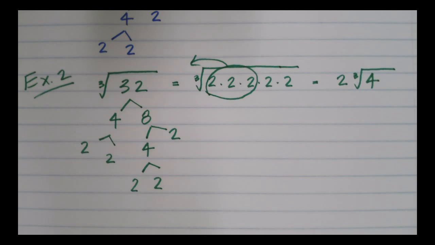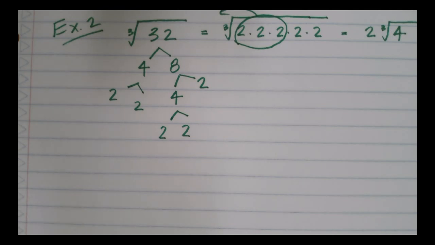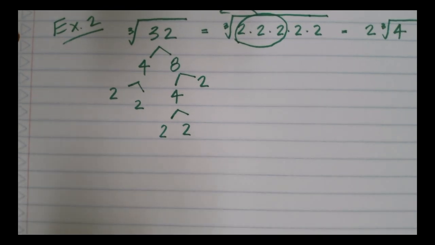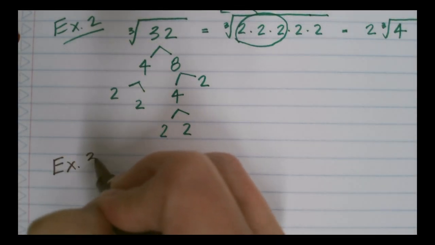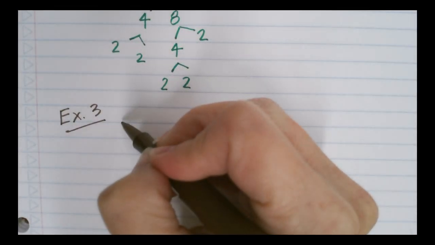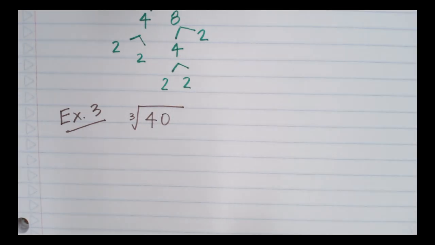Again, same idea, except we're looking for the cube roots. Thinking about what a shortcut could be, for example 3, let's say I want the cube root of 40.